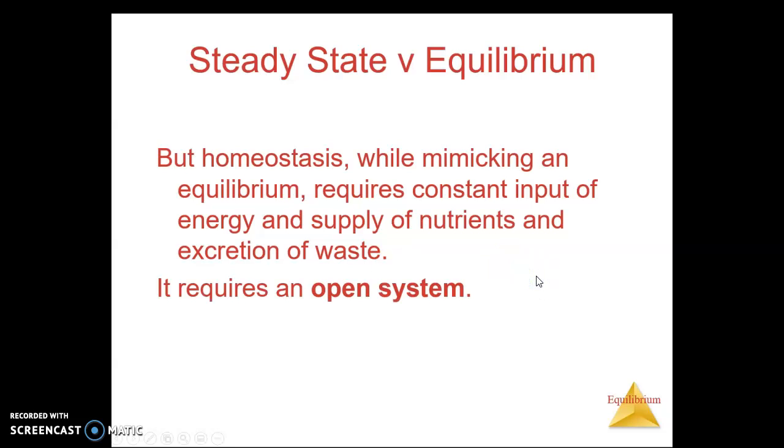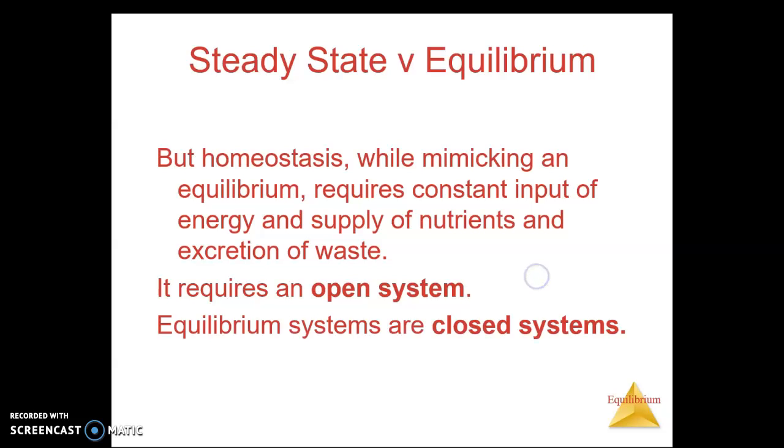Therefore, homeostasis requires an open system, open to exchange of heat, exchange of chemicals, and so forth. But equilibrium systems are closed systems. You saw the diagram of the NO2, N2O4 equilibrium. You saw a closed vessel. Nothing comes in or goes out.